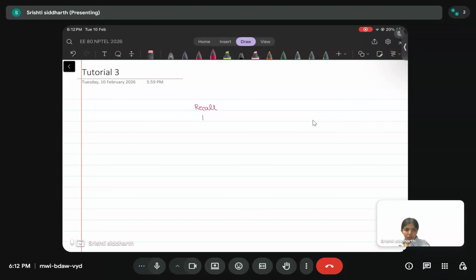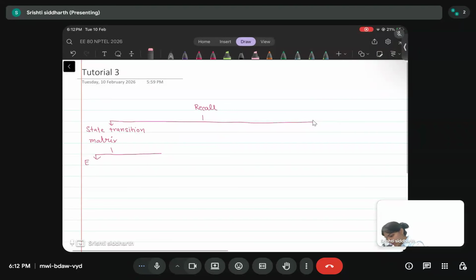3.3 process before we look at examples. So, the first one would be computation of state transition matrices. Computed using the exponential series or the matrix exponential series.